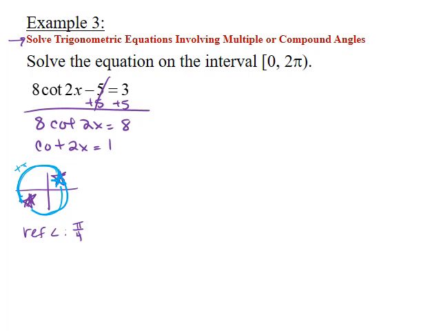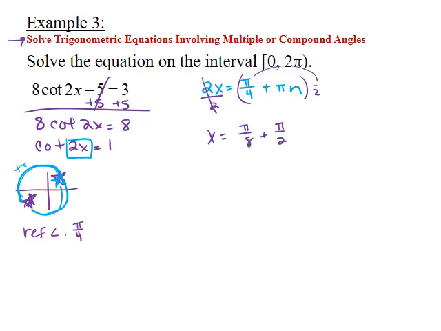So that means if I want to find all of these answers, 2x in this case would be equal to pi over 4 plus pi n, where n is an integer. Okay, now we want x by itself, so we want to divide everything by 2 or multiply by a half. So x is equal to pi over 8 plus pi over 2 n.